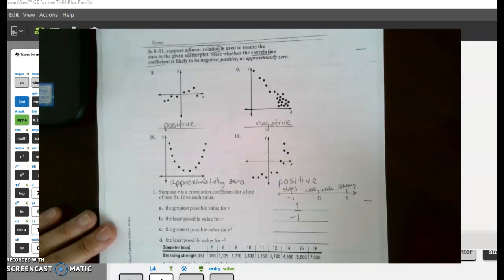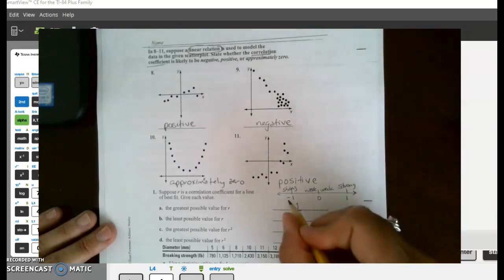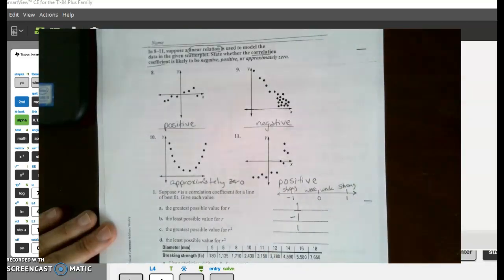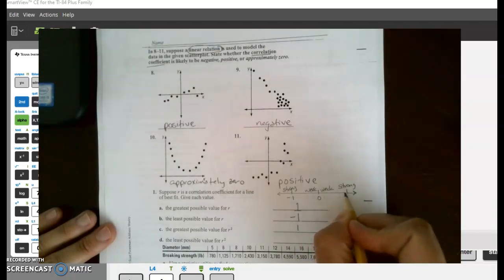The greatest possible value for R squared. If you square 1, you get 1. If you square -1, you get 1. Either way, 1. The least possible value for R squared. In here I have decimals, and when I square them, I get a decimal answer. For instance, if I square 0.5, I get 0.25.